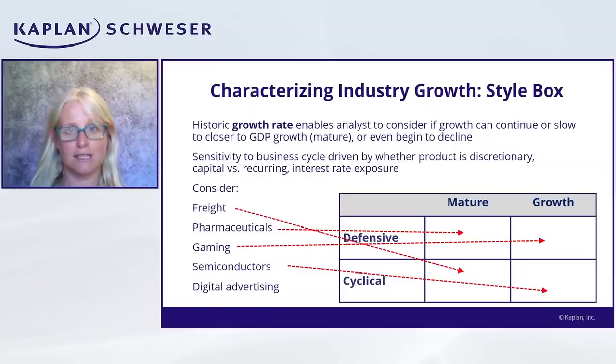Semiconductors, relatively new, still a growth area. You could think maybe something similar like battery technology. Cyclical because it's driven by the demand for other goods that use those. And digital advertising, probably sitting in the same bottom right box. Relatively new, still growth area, but very much linked to the economy, isn't it?